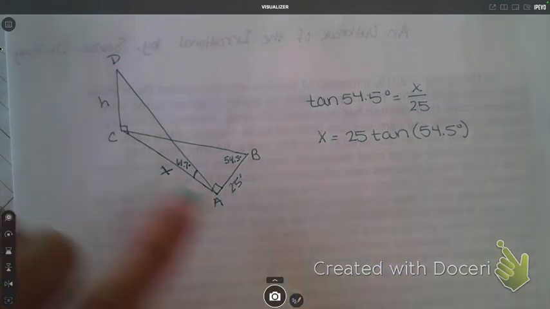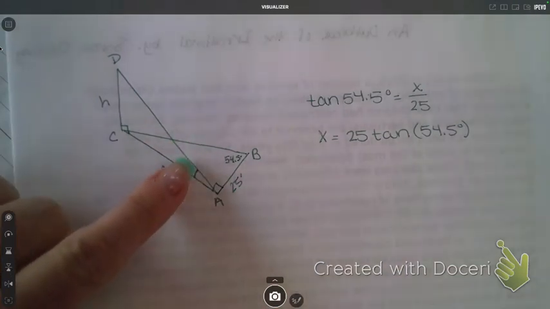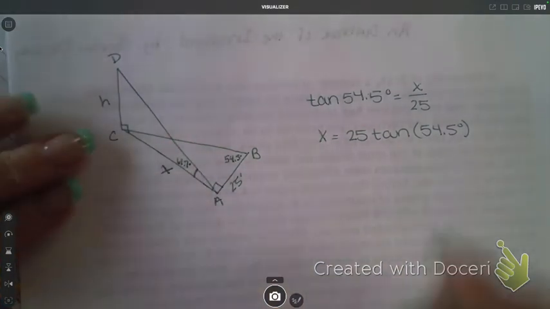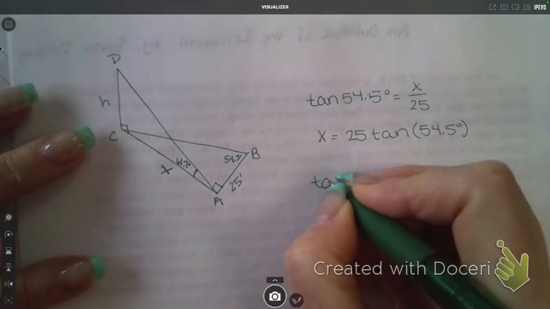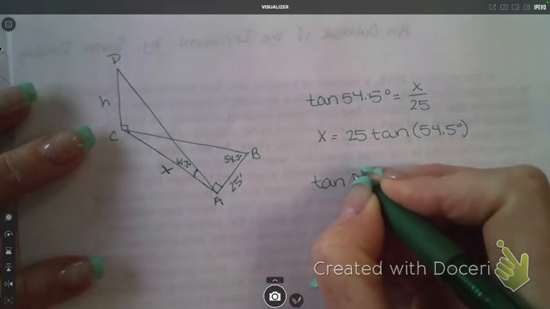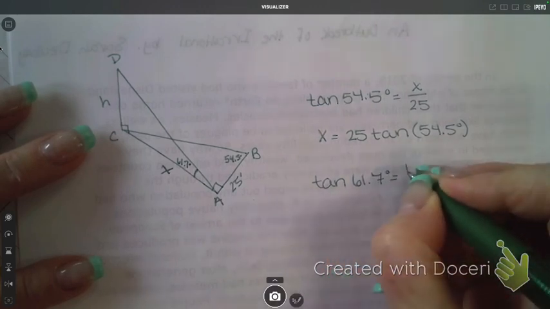Now that I have a number for X, I have an angle, and I want the opposite, I'm going to use what again? Tangent. So I'm going to have tangent of 61.7 equals H over X.